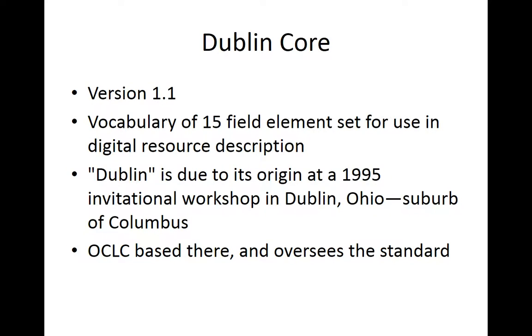In 1995, OCLC, which is based in Dublin, Ohio, thought, let's call it Dublin Core, the core being a core set of tags to use. OCLC oversees the standard along with many other standards. It's become, and I mean this in a nice way, the Google of the library world. They really are a mover and a shaker for libraries and archives.